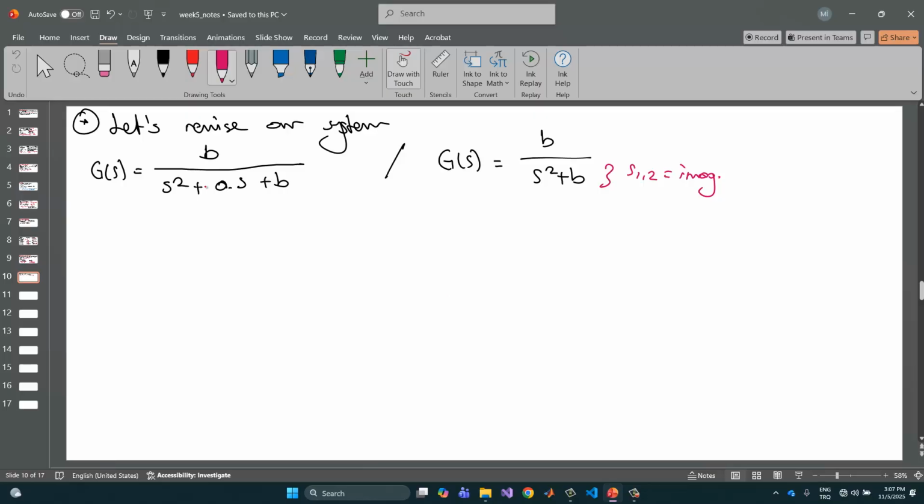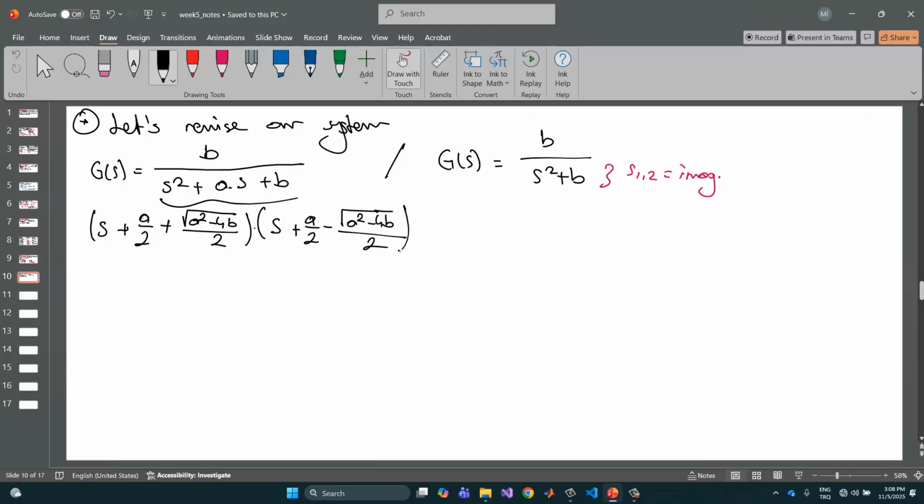Okay? And so, what are the roots of these terms? The roots are s equals minus a divided by 2 plus square root of a squared minus 4b divided by 2, and s equals minus a divided by 2 minus square root of a squared minus 4b divided by 2.